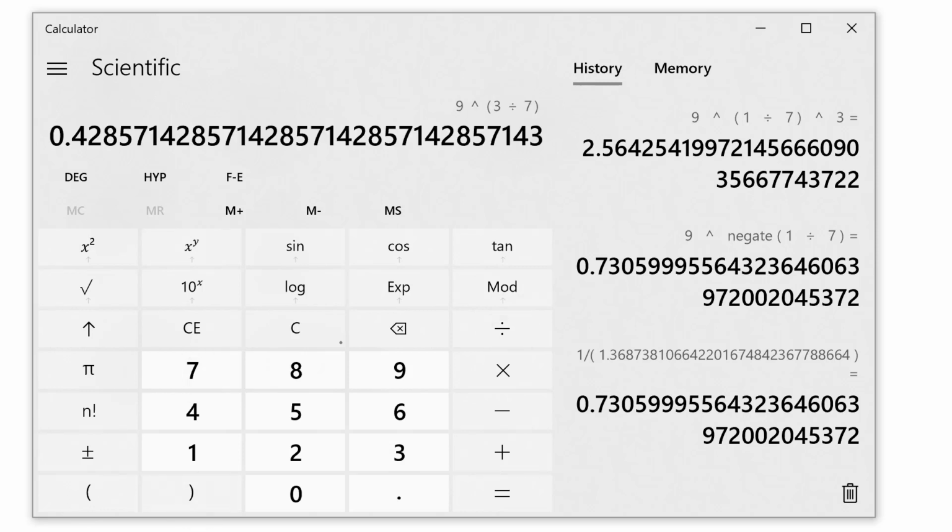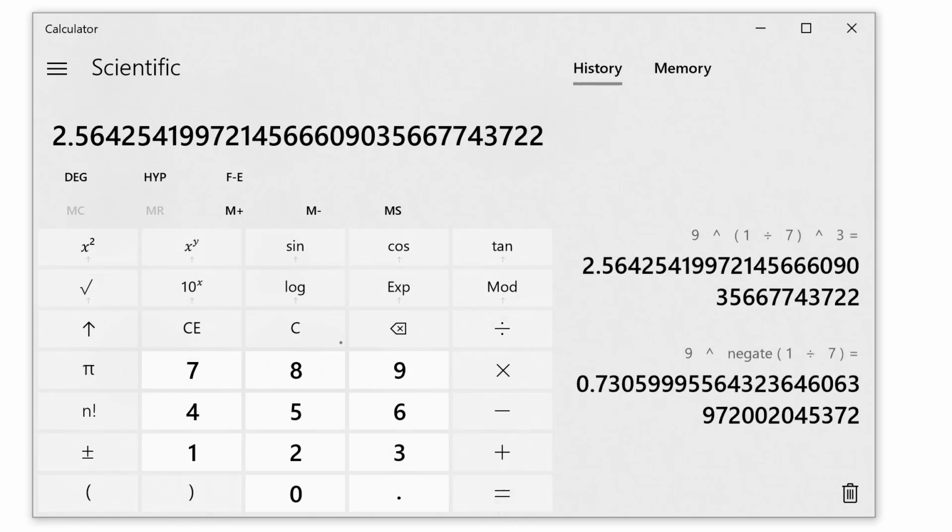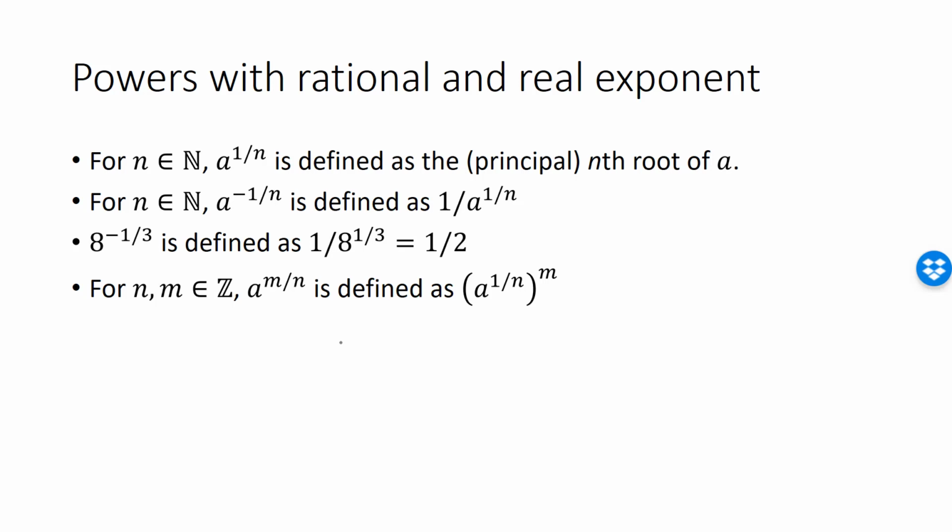In general notation, for any integers n and m, a raised to m divided by n is defined as the nth root of a raised to m. If you look at this from the right to the left, you see one of the power rules, since 1 over n times m is m over n.